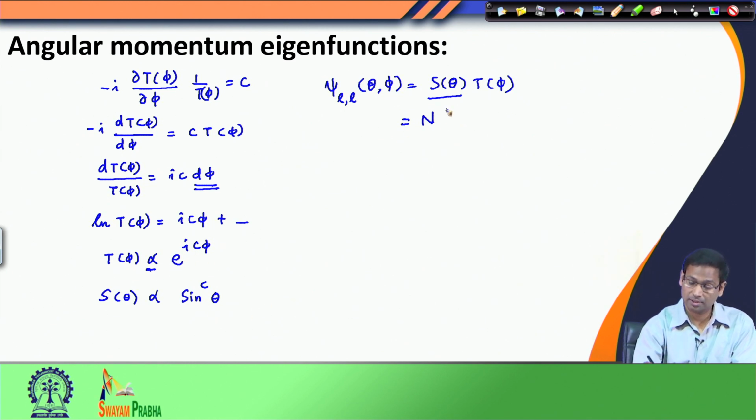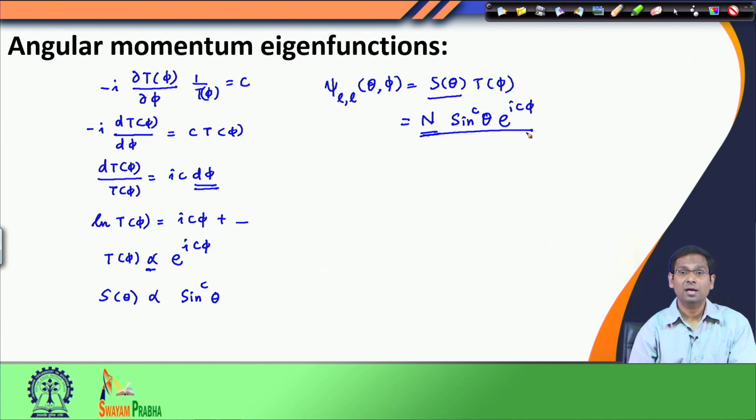So, I collected them and I am writing that constant N here, sine to the power c θ e to the power i c φ. So, this is the functional form that I am getting for the angular momentum eigenfunction for a particular angular momentum eigenfunction.